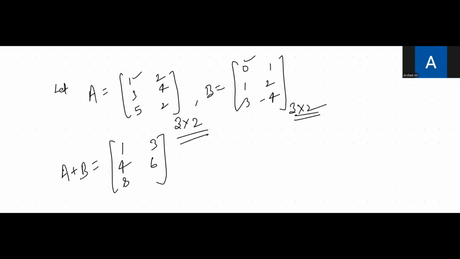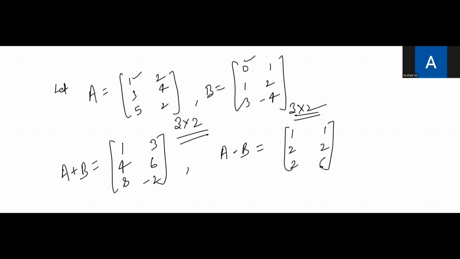So it is the answer of A plus B. Then A minus B. Corresponding elements we can subtract. 1 minus 0 is 1. 2 minus 1 is 1. 3 minus 1 is 2. 4 minus 2 is 2. 5 minus 3 is 2. And 2 minus 4 is minus 2. So in this way we can find addition and subtraction of matrices.